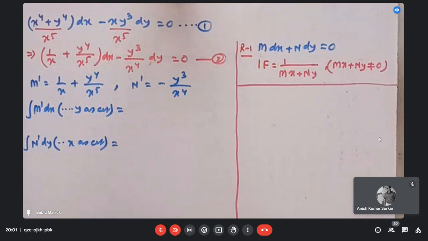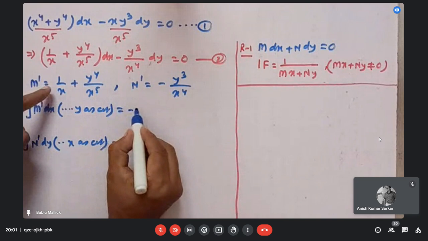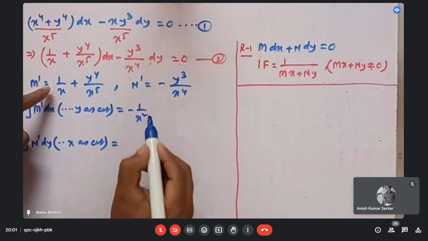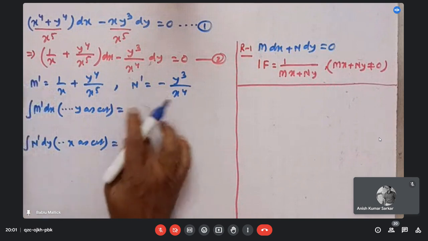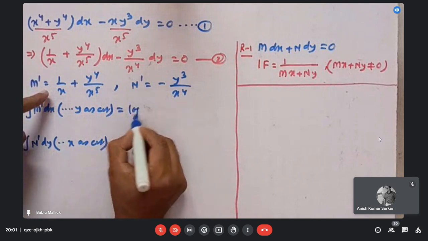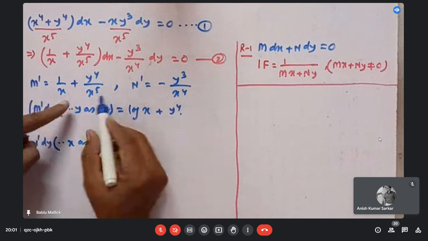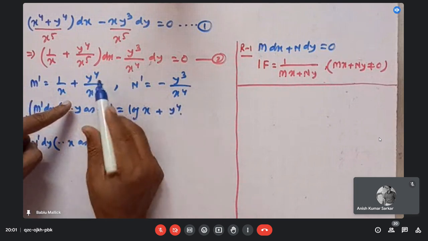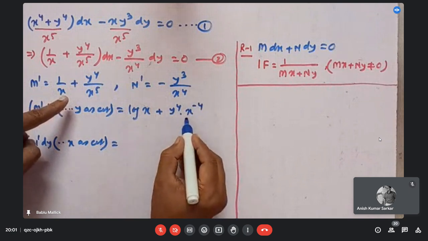First, this integration is log of x plus y to the power 4 into the integration of x to the power minus 5, which is x to the power minus 4 by minus 4.